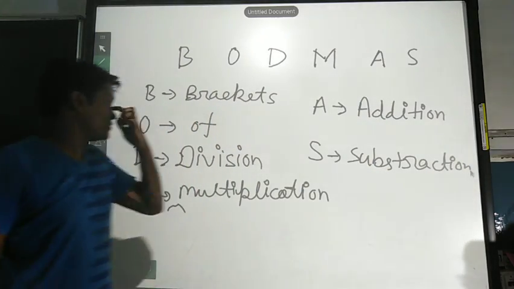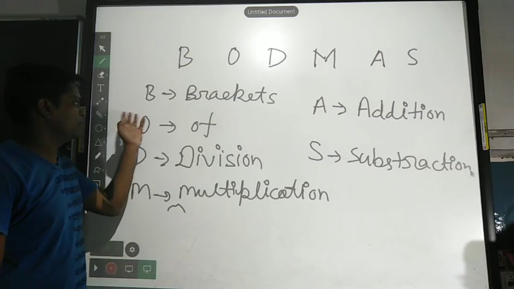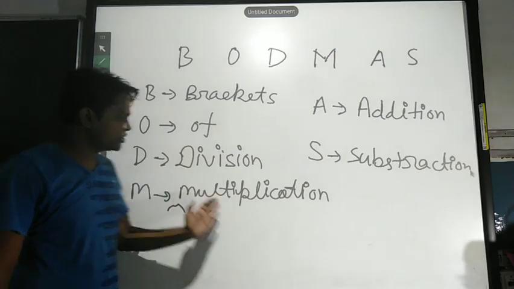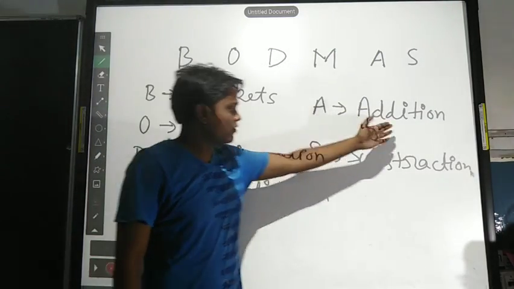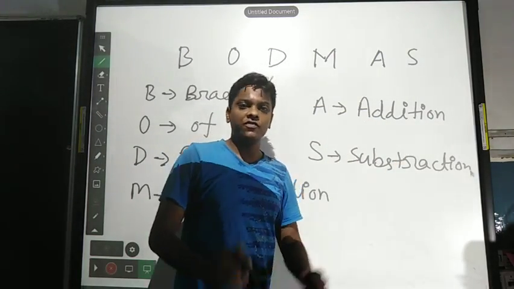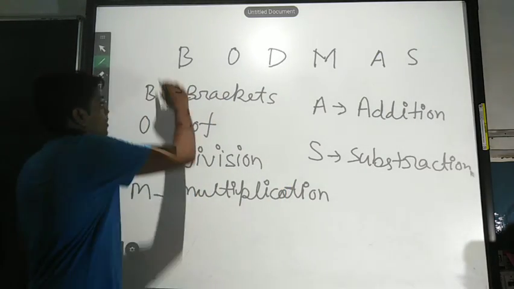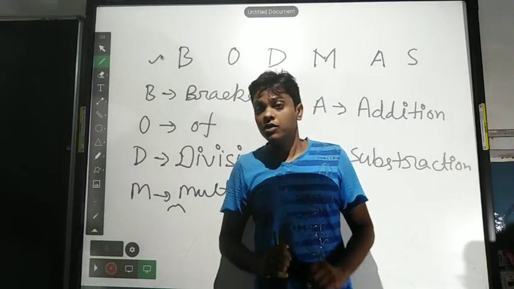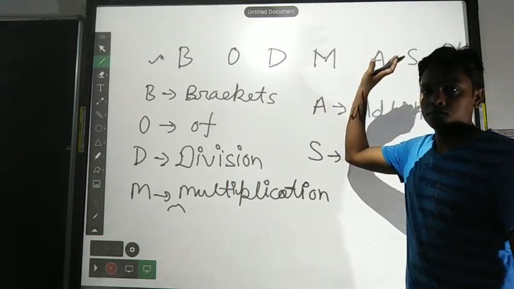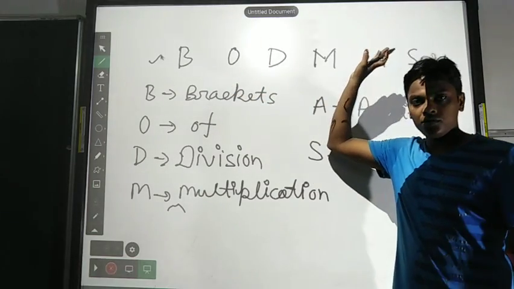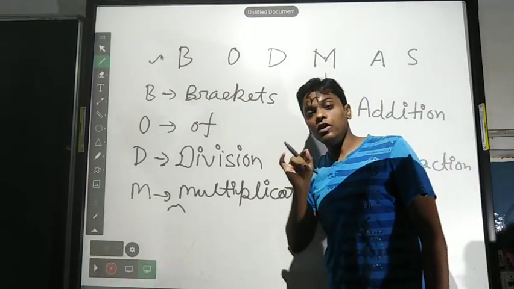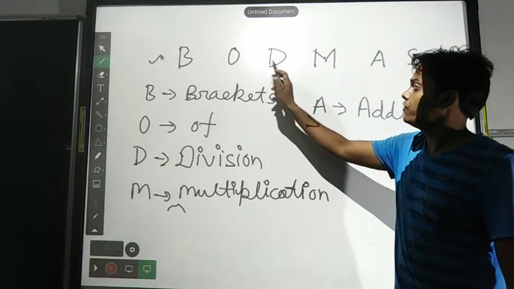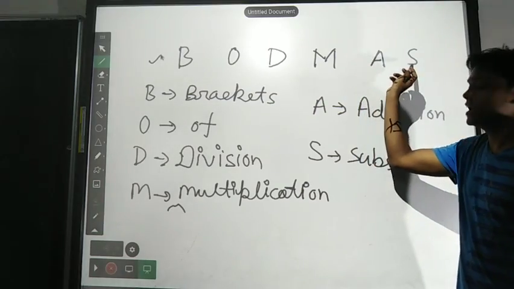Okay, for your convenience, let us understand again. B stands for bracket, O stands for of, D stands for division, M stands for multiplication, A stands for addition, and S stands for subtraction. This is the order. If we get any of these things in an equation, then we will not forget this order, that is BODMAS: bracket, of, division, multiplication, addition and subtraction.